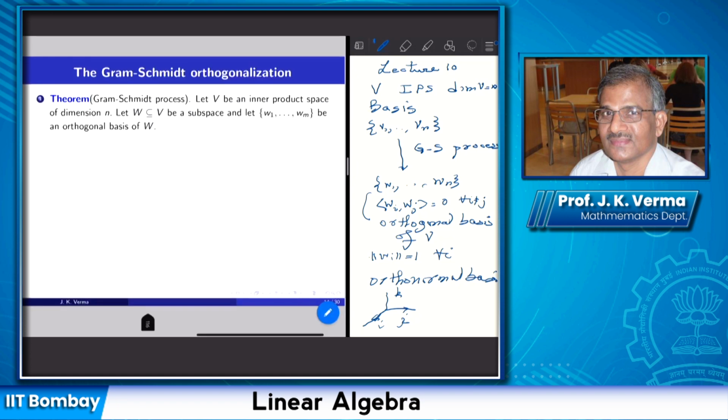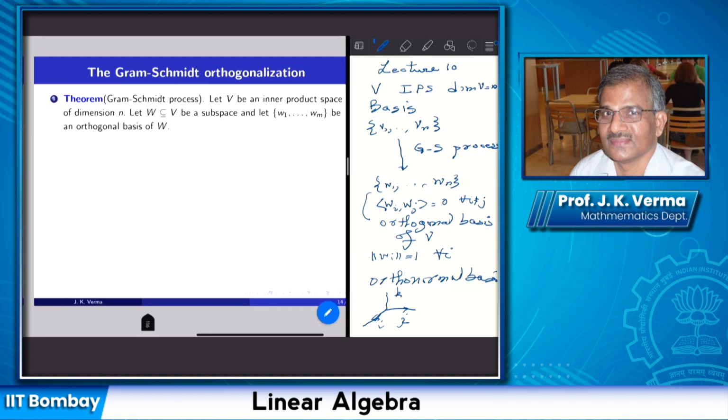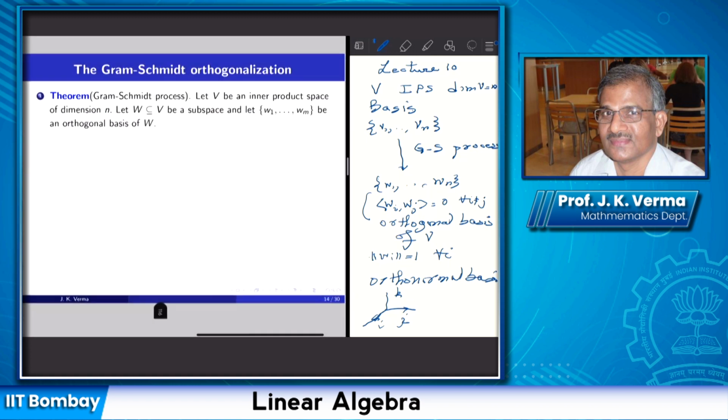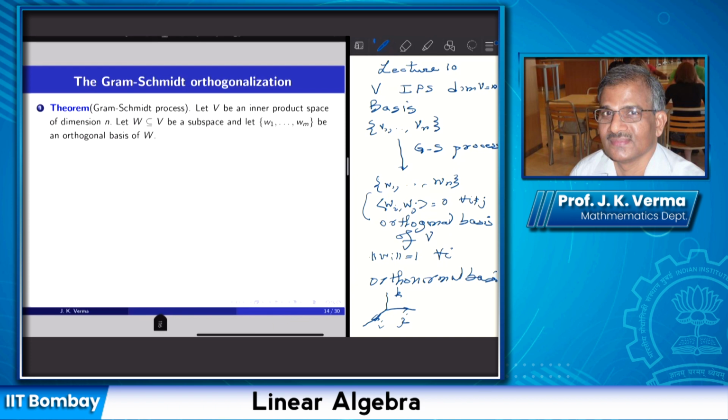Suppose I have a subspace W of this vector space. By some method, I have access to a basis of this subspace, and suppose this is an orthogonal basis.